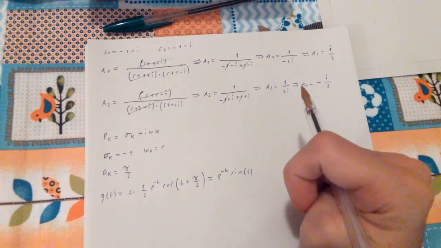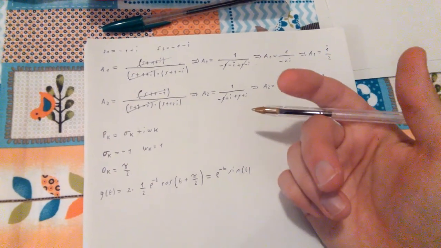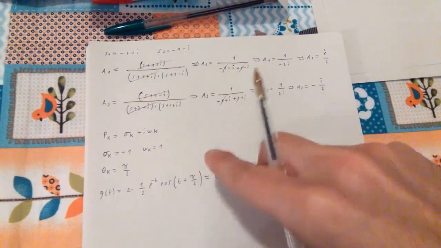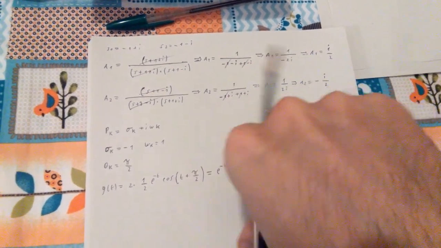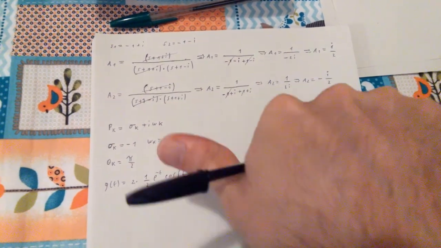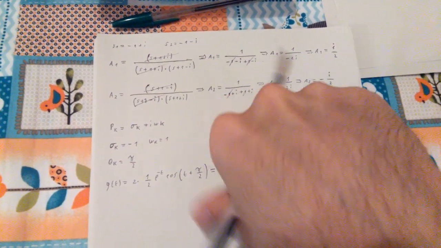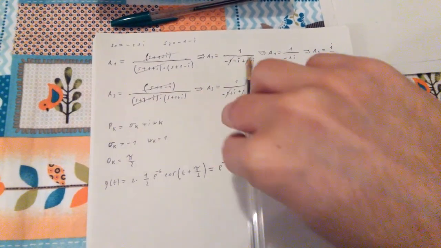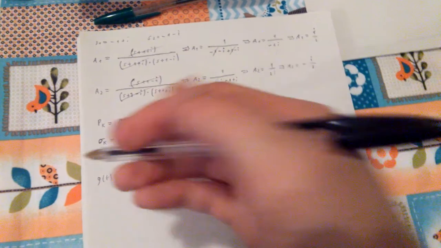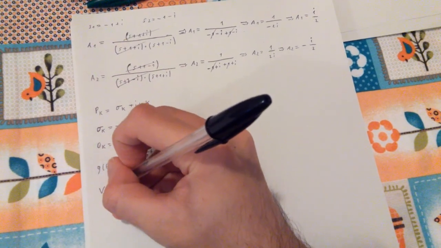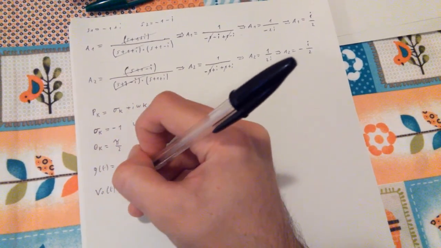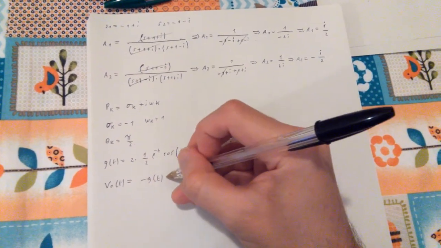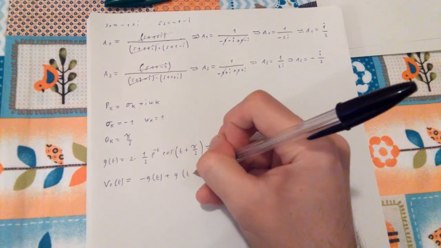So now for the other function, which is the same but translated, like if I have to move it, it's the same one but moved like that. It will be v0 of t equal to negative g of t plus g of t minus 4.